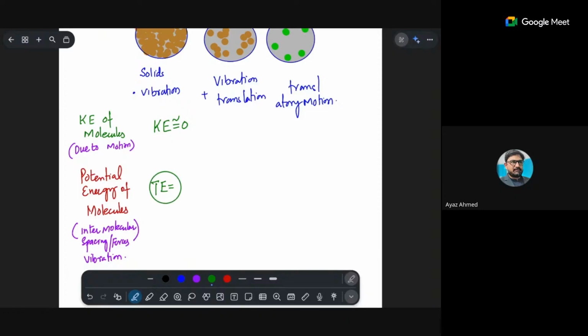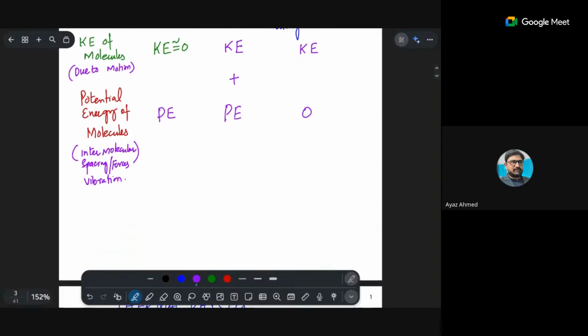In liquids, they have some kinetic energy and some potential energy, so they have partial energies here. What about gases? Gases have only kinetic energy. The potential energy is zero because there is no vibration at all.